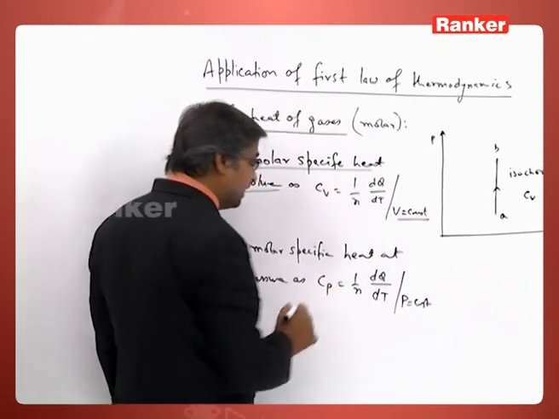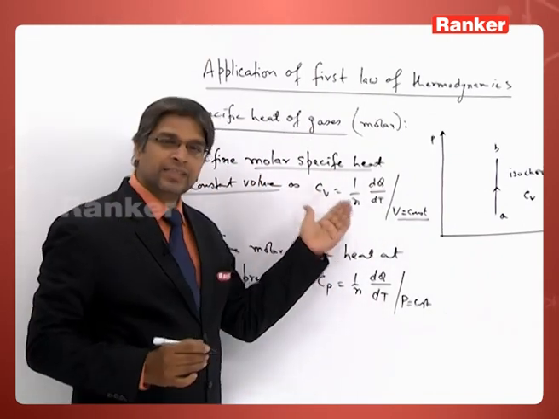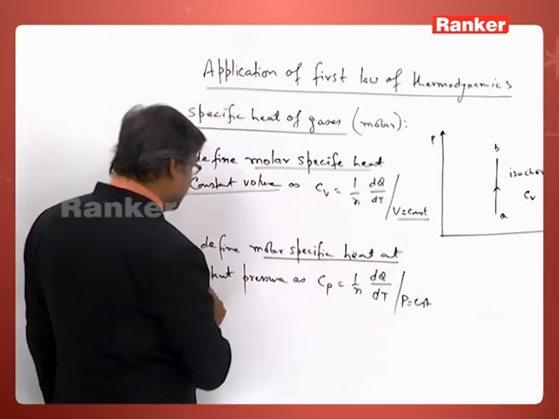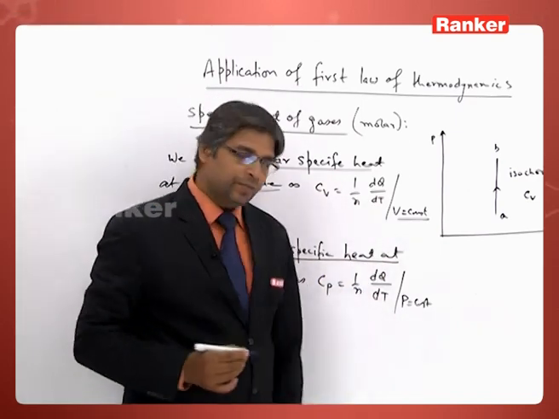So these are the standard notations we will use: Cv to denote molar specific heat at constant volume, and Cp for molar specific heat at constant pressure.